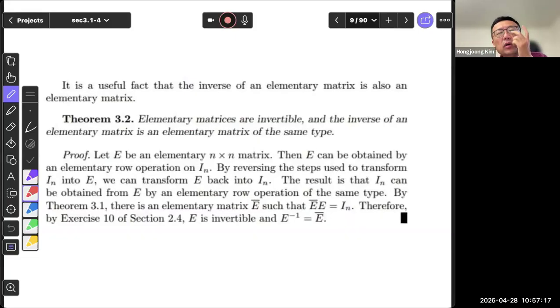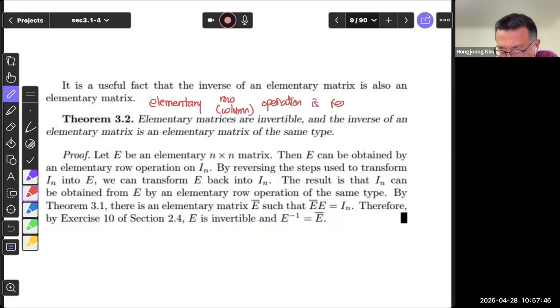And as I said, another very important property of the elementary matrix is that this elementary row operation or column operation is reversible.